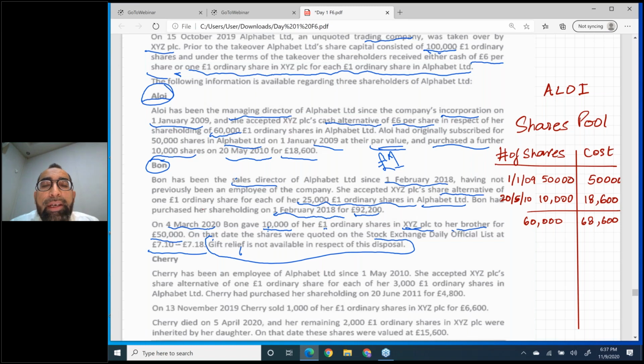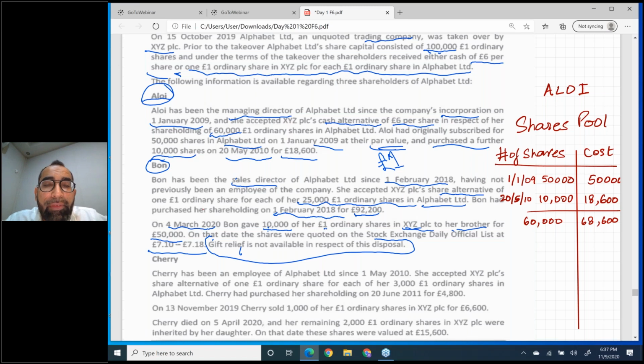Because the holding period and the job period are less than 24 months. If you count from 1st February 2018 to 1st October 2019, this is less than 24 months. Just because of this, she is not entitled.